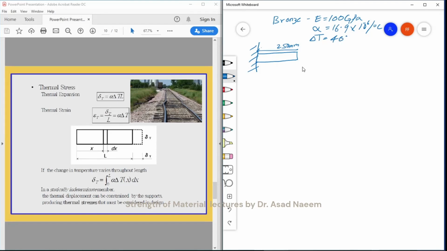Now we have to calculate the strain due to the temperature change. So strain due to temperature change will be equal to alpha into delta T into its length, which will be equal to 16.9 into 10 raised to power minus 6 multiplied by delta T, which is 40, multiplied with its length.